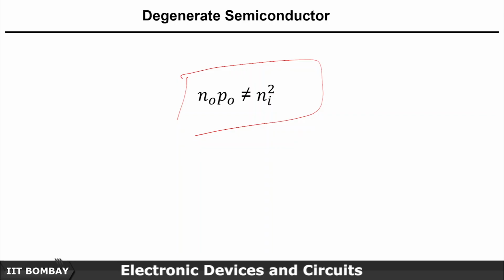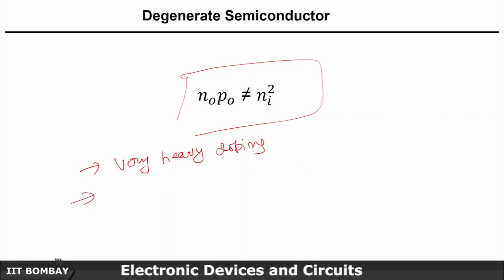This is the case where very heavy doping has been used, so that the donor or acceptor impurity band actually merges with the conduction or valence band.